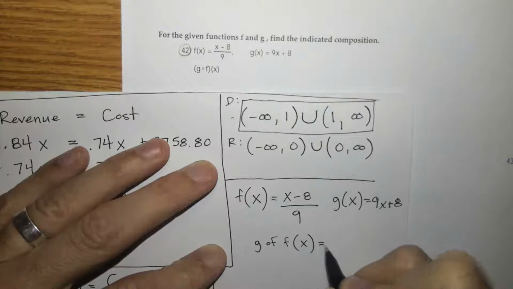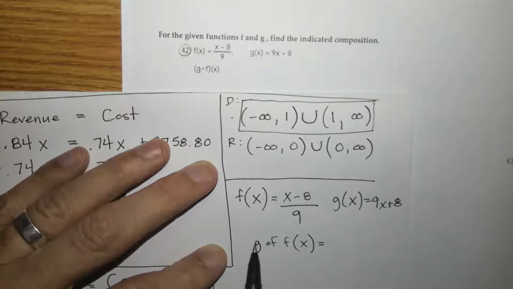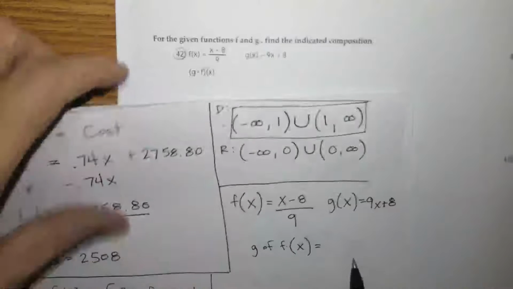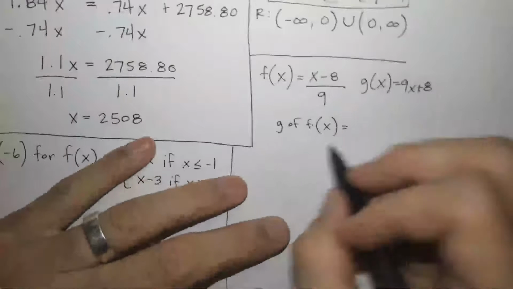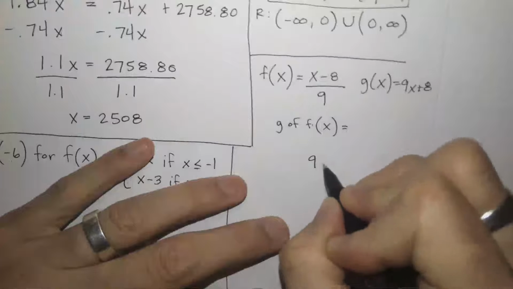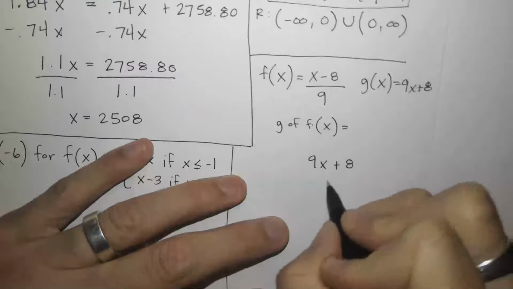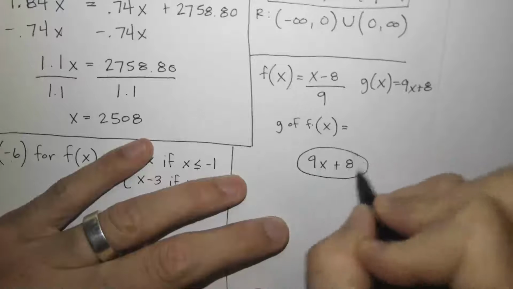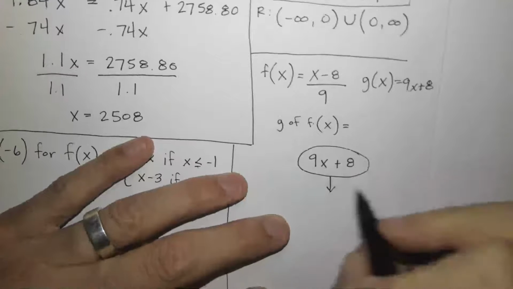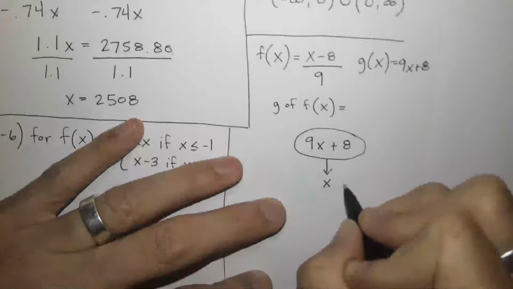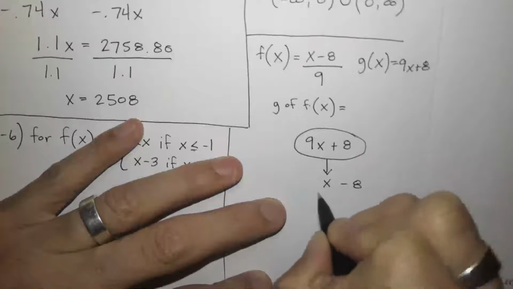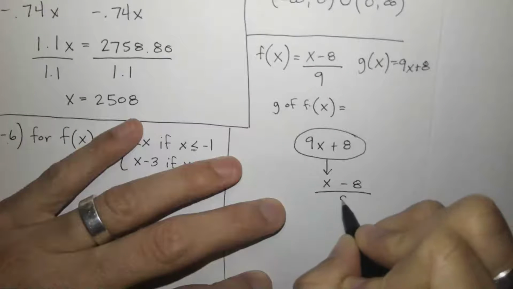So basically what they're meaning is we're going to take this g and we're going to put it inside the f equation, right? So looking at this, it would be like we're taking this 9x plus 8. We're going to take that and put it into the equation of x minus 8 over 9.